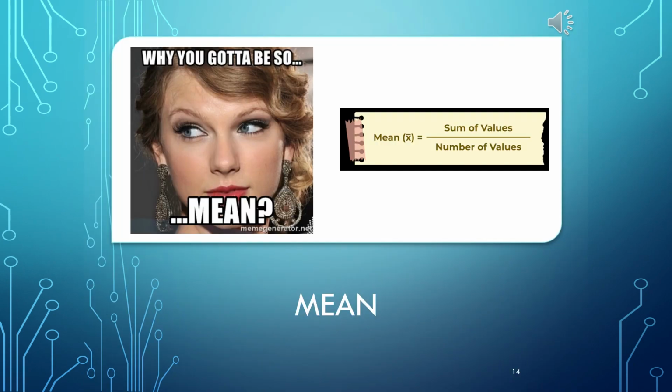So first up, let's talk about the mean. And of course, this little Taylor Swift meme here is my attempt at staying relevant. But as you all know, to calculate an average or a mean for any given distribution of a single variable, you just take the sum of all of the scores from all of your participants, and you divide it by how many participants there are in the case of a between subjects design, where people are only taking the measure one time.